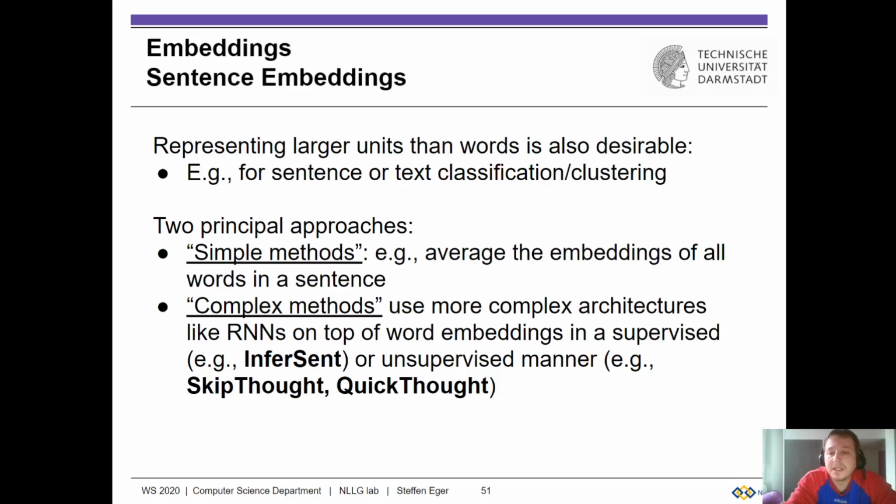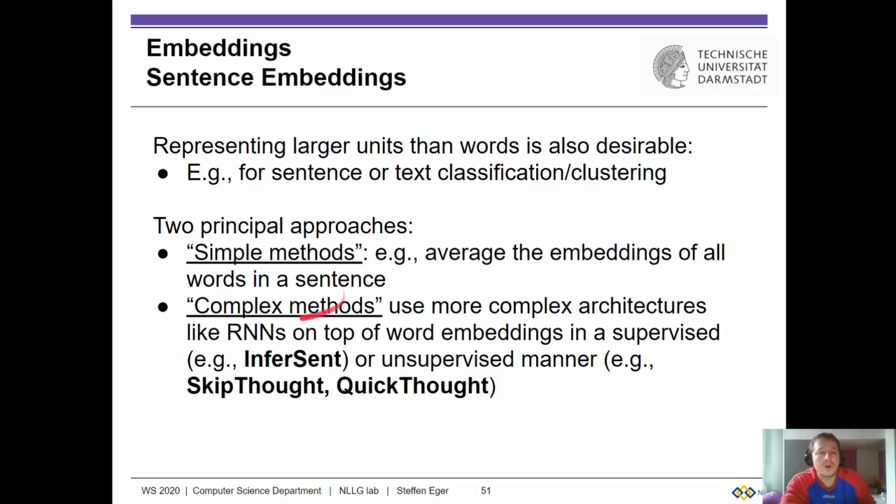For example, even if the order of the words in the sentence changes, the representation will be the same. But on the other hand, it has been shown that in many tasks, such a simple representation is actually sufficient, for example, when you do document classification, because oftentimes it suffices to know which words appear in the sentence without knowing their exact order.